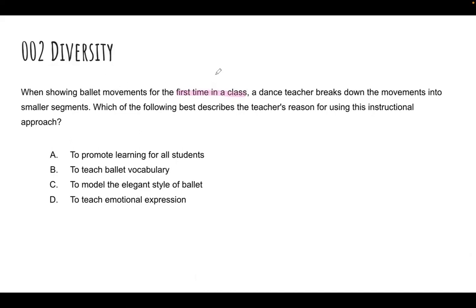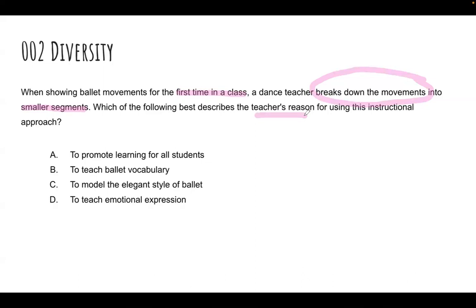It's ballet, so you have to imagine that students don't have the highest skill sets the first time. She's breaking the movements down into smaller segments, and we want to know what's her rationale for this approach. What best describes it?